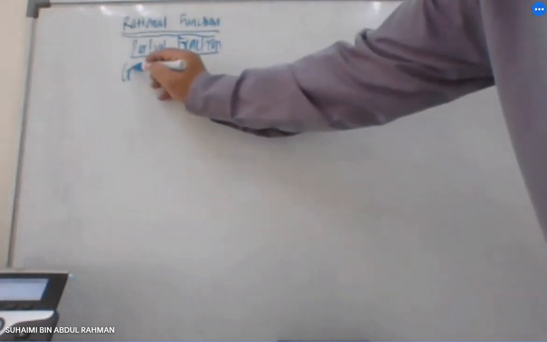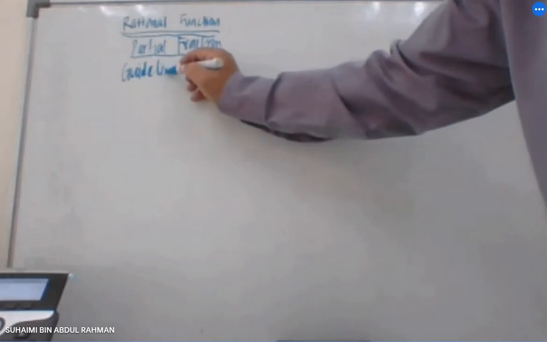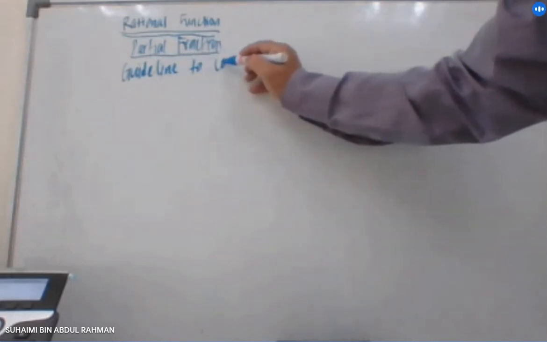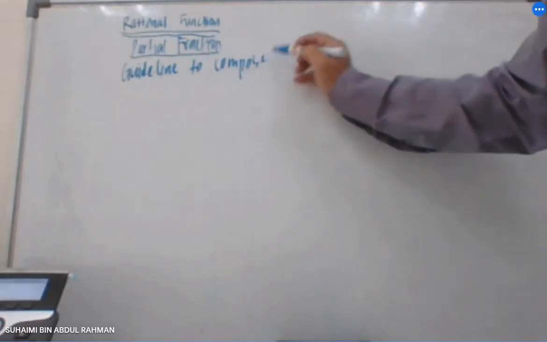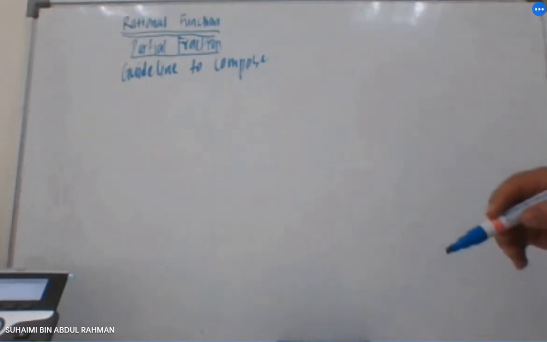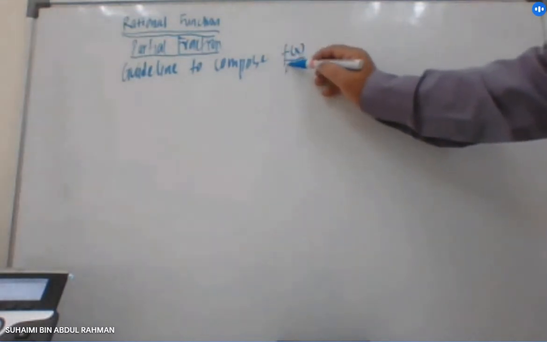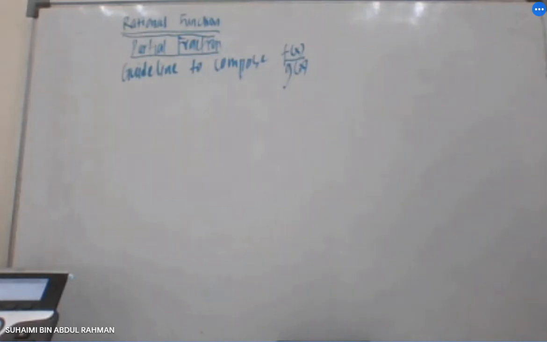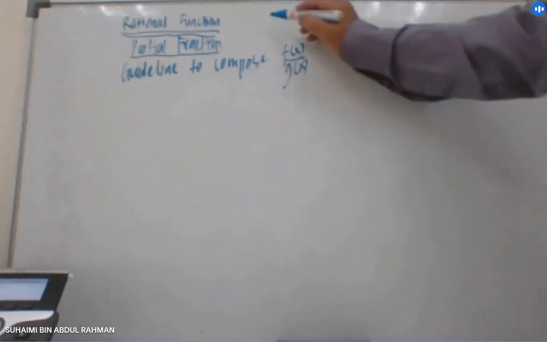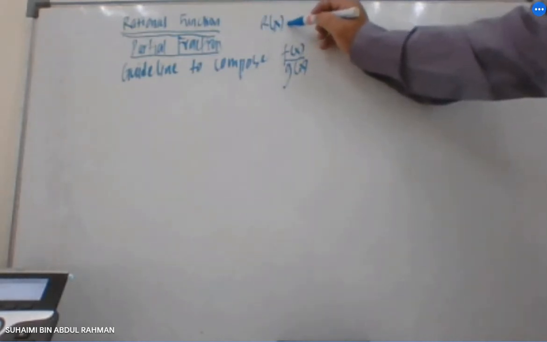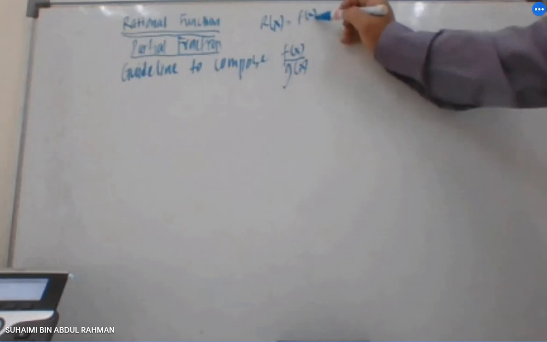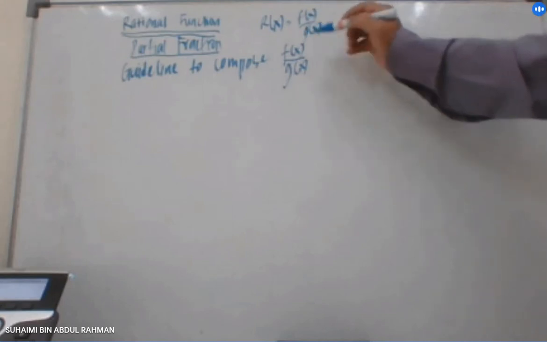We have to follow the guideline to decompose one rational function in terms of f(x) over g(x).